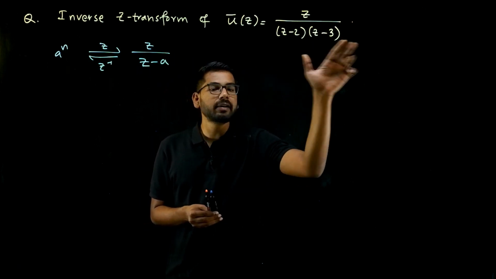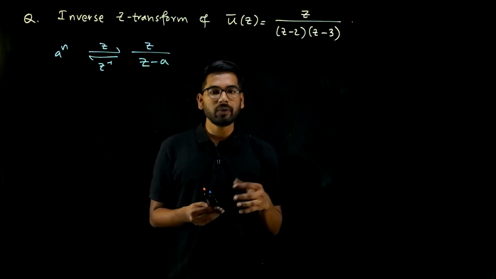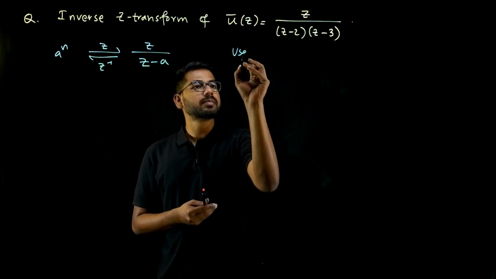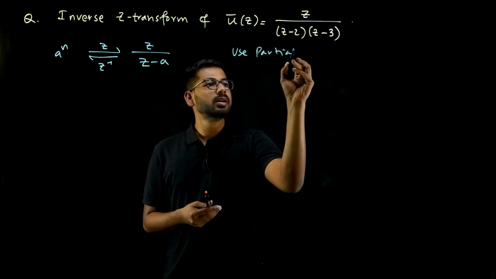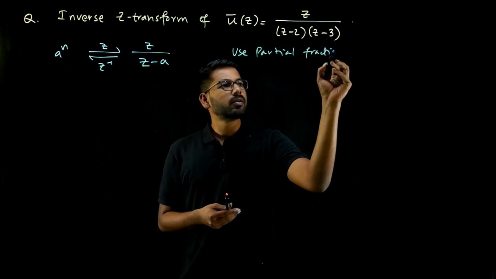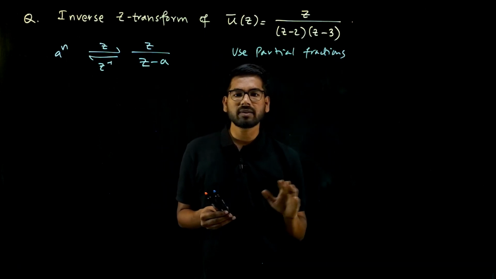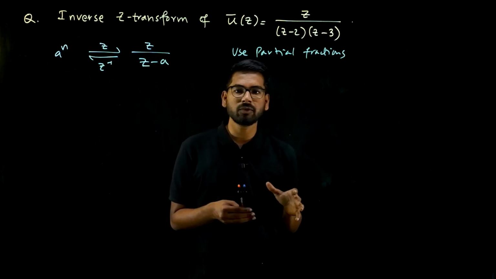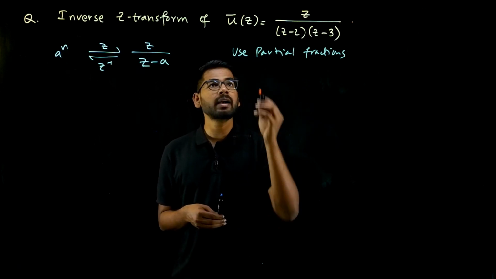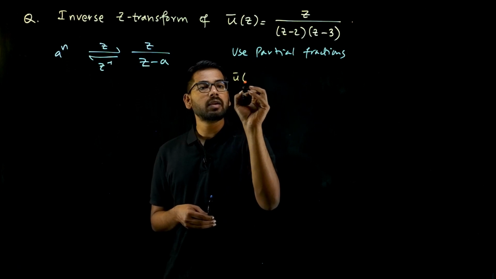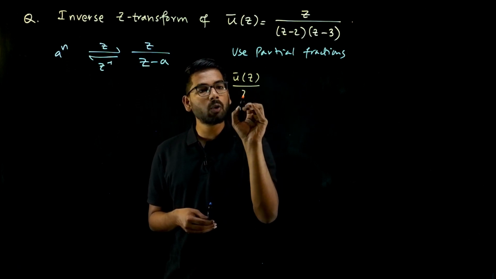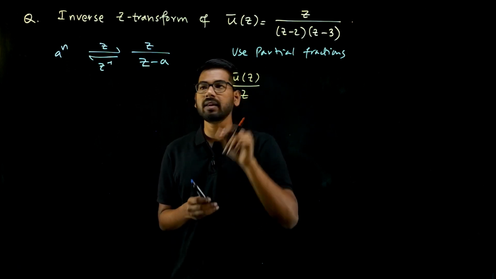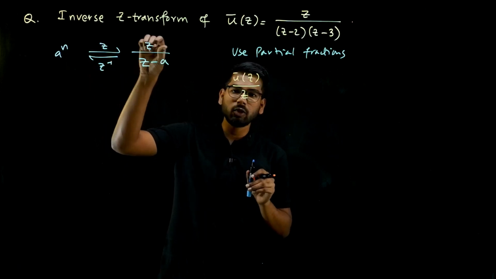So we need to split the denominator. How do we do that? We use partial fractions. Most of the time, finding the Laplace inverse or Z inverse consists of doing the transform. Before doing that, we need to write the given function as U bar of z over z, because this z will become the z in the numerator later.